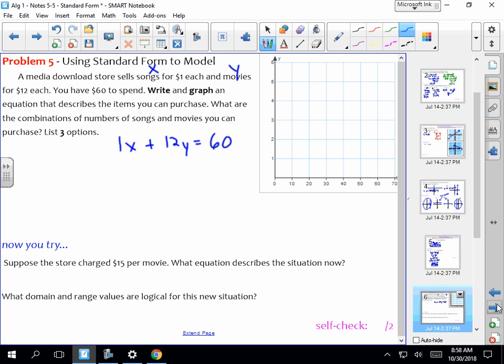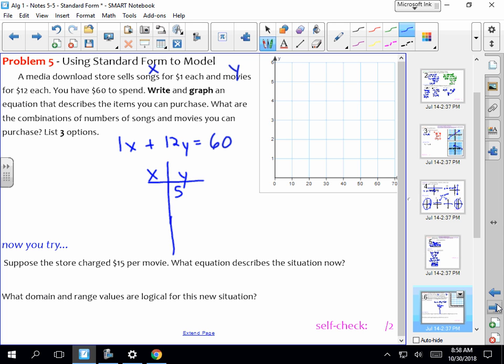If I wanted to graph this equation, I could find the x and y intercepts by covering up the 1x. So if I cover up the 1x here, we have 12y equals 60. What does y equal? 60 divided by 12. 5. Yeah, in other words, if I were making a table here, and I go ahead and buy 5 movies, that's going to use up all my money, right?